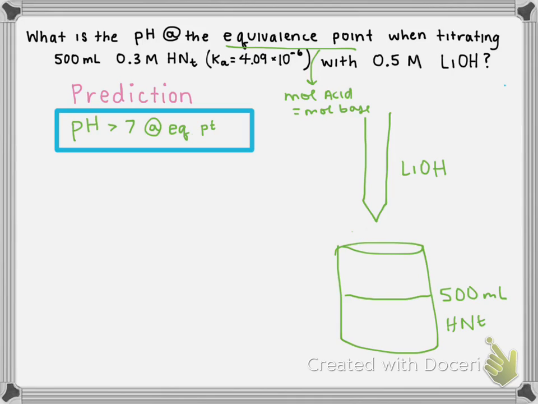Okay, so let's go ahead and write our reaction. When I have something strong in solution, I like to start with that and let that dictate what I write. And so I'm going to start with hydroxide, disregarding the lithium because it's a spectator. I'm going to add that then to my HNT.